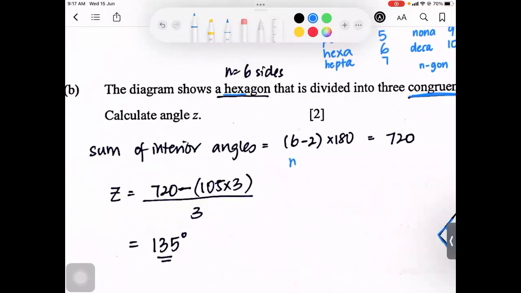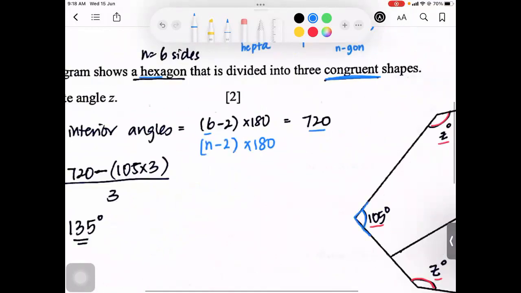Formula is n minus 2 times 180. What is n? n is the number of sides. So our hexagon has 6 sides, so we plug in the value for 6, and you get our total angle is 720.